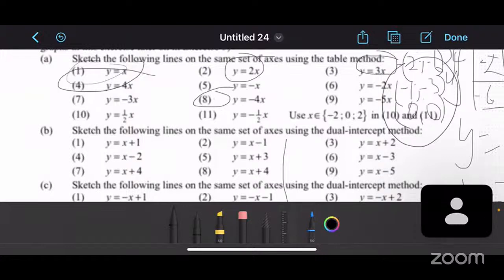Yes, and let's go to the dual intercept method. Another thing, guys, that you need to do is to do these things during your free time. Make sure that you take a screenshot and then during your own time you do them. The only way that you're going to excel is to keep on practicing.